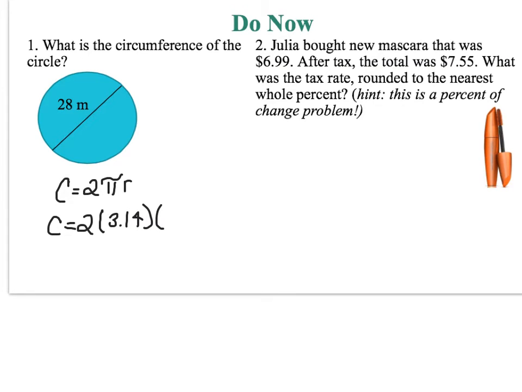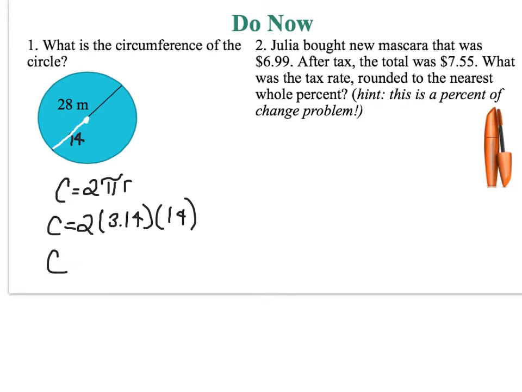Now before I can just plug 28 in there, I need to realize that 28 is the diameter because the line goes all the way through the circle. A radius is only halfway from the center to the outside, so I need to divide 28 by 2, so my radius is going to be 14, half of the diameter.